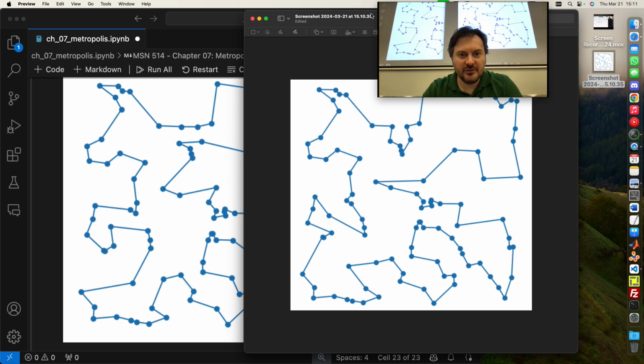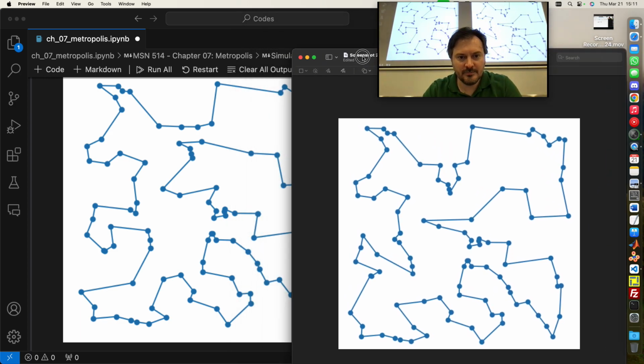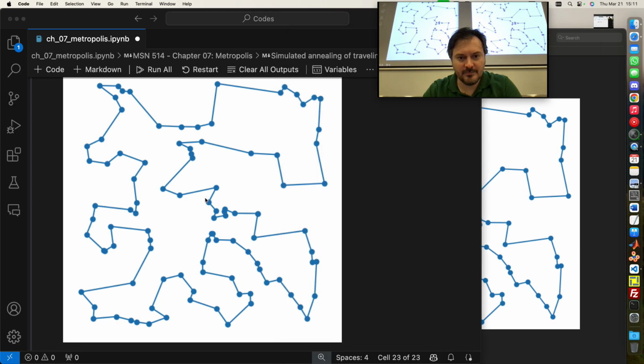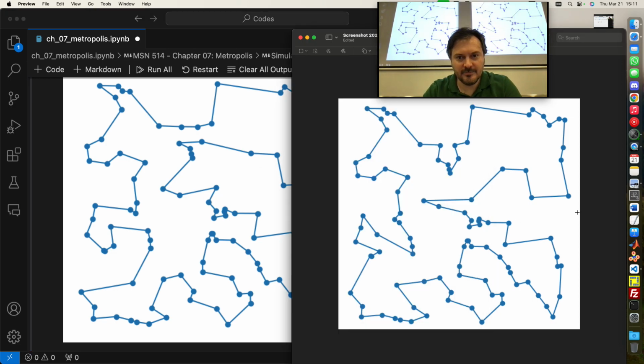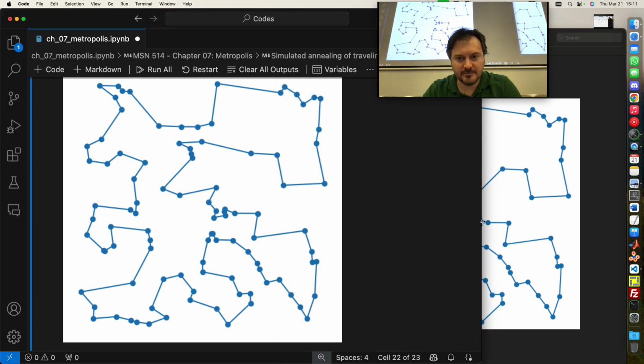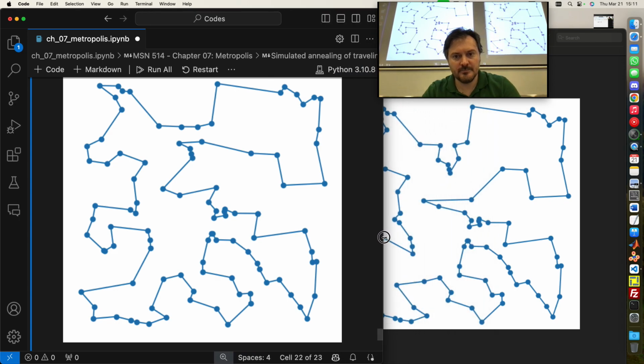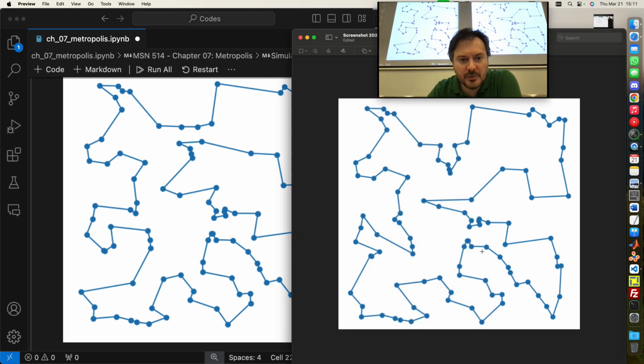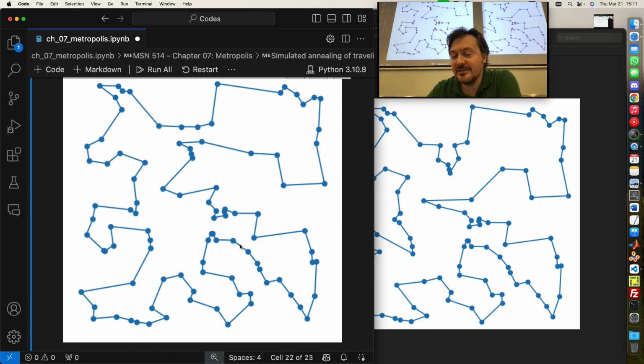Did it reach the same solution? So which part is different? Ah, this part is different. But it's awesome, right? It's more or less the same thing with a different flavor.